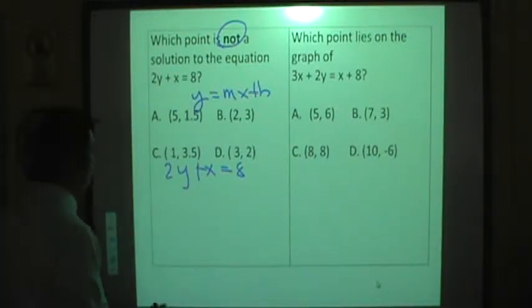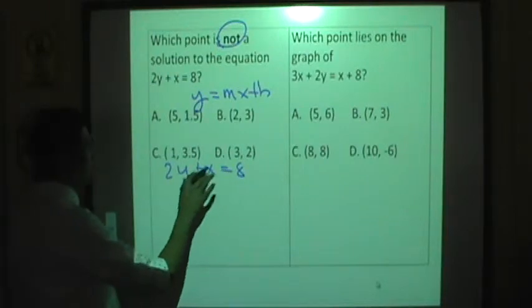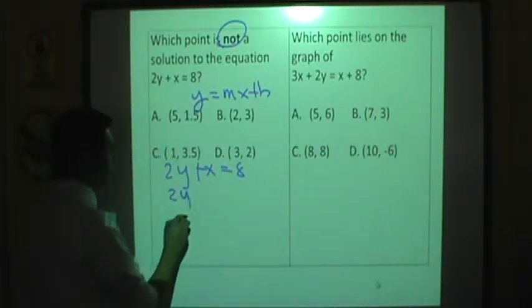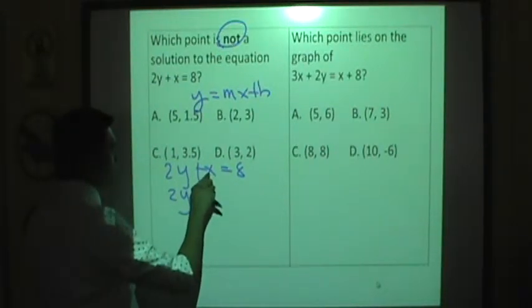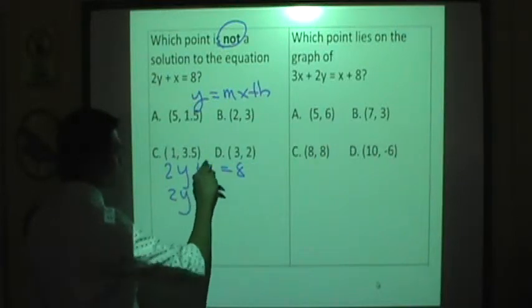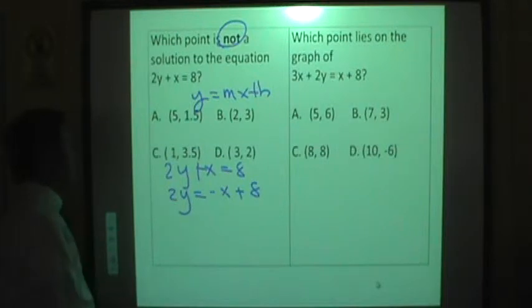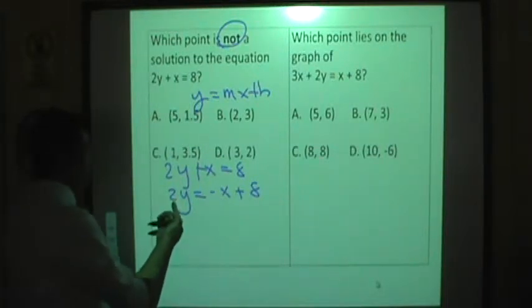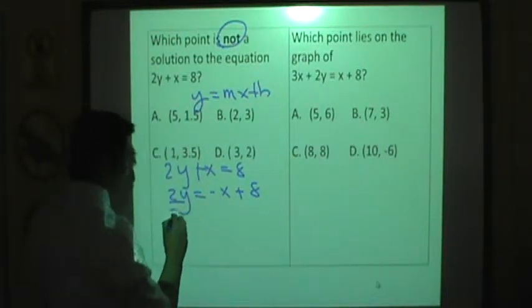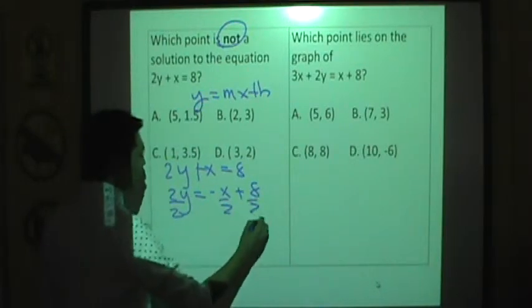So here we go. If you're solving for y alone, that means we need to keep that 2y on the left side. That means we need to move that x over; positive x over that equal sign is negative x. And again, we need to have y alone, that's why we need to get rid of that 2. So divide by 2, divide by 2, divide by 2.